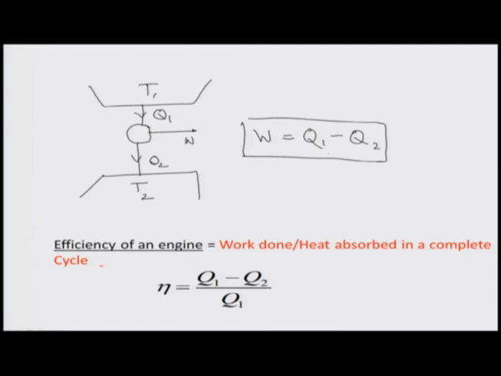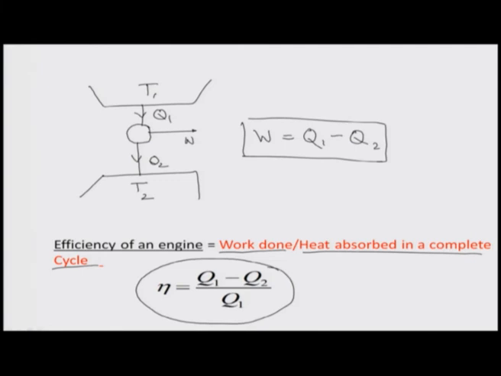Now, one can define the efficiency of an engine. Efficiency is defined as follows: work done divided by heat absorbed in a complete cycle. That is simply Q1 minus Q2 over Q1. So, this is the expression.